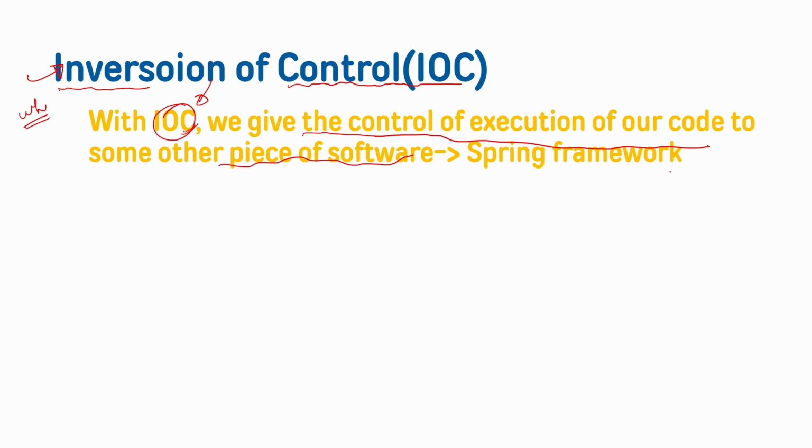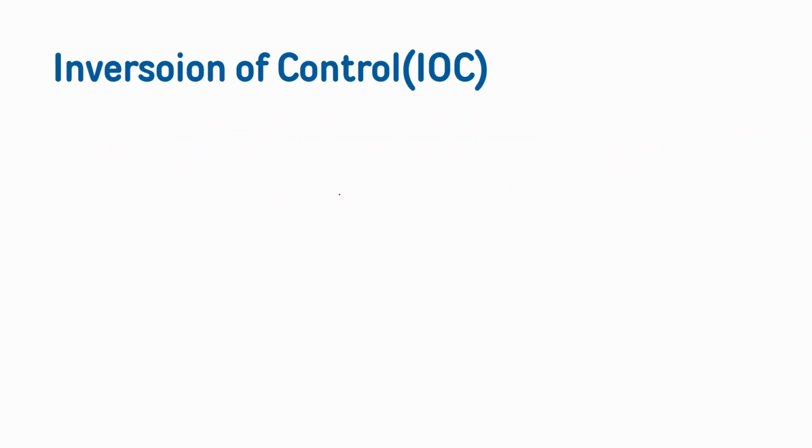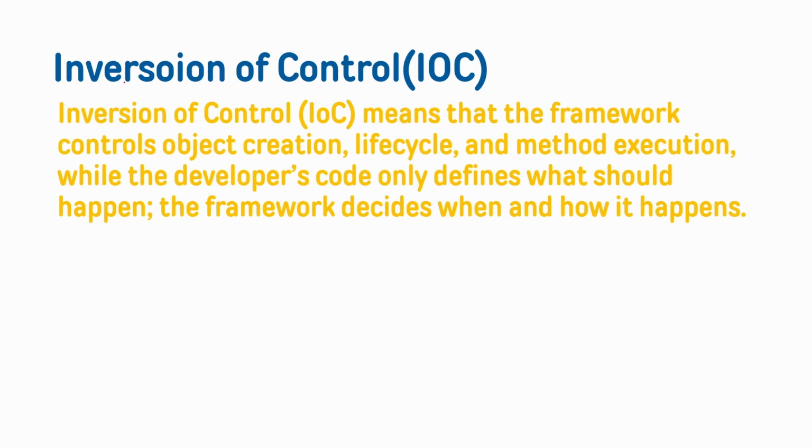Inversion of control is shortly known as IoC. With IoC, we give the control of execution of our code to some other piece of software, which here is the Spring framework. We give all this functionality to the Spring framework. So we are giving the control of execution of our code to a piece of software known as a framework.